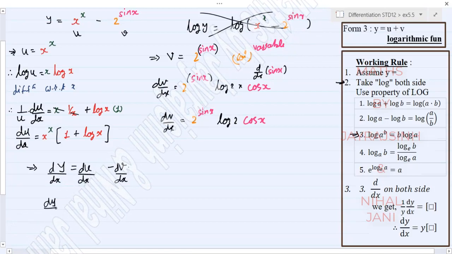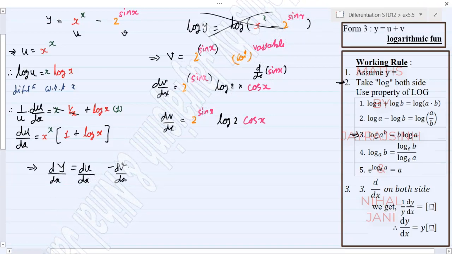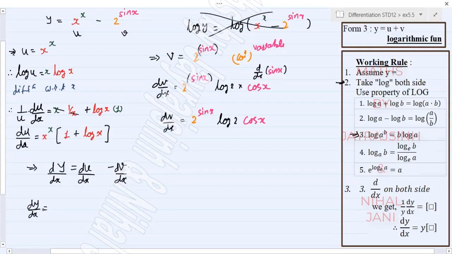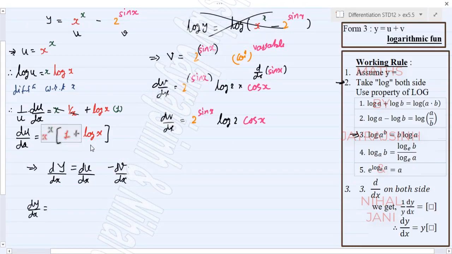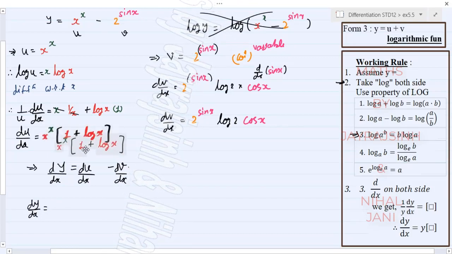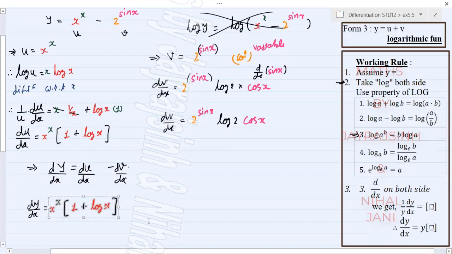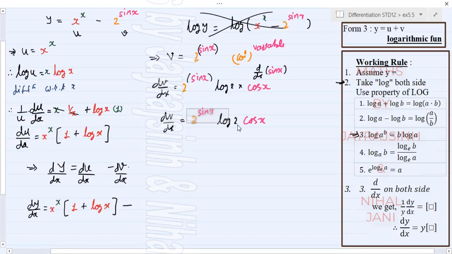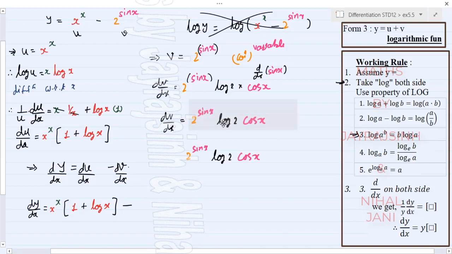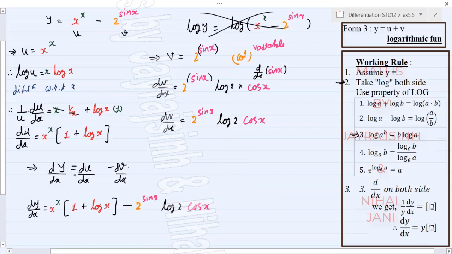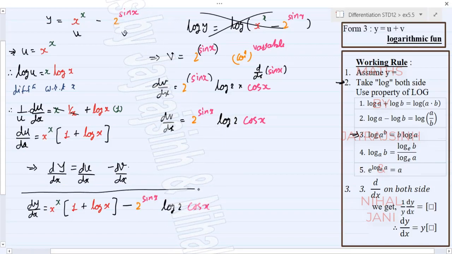So your dy by dx is combination of du by dx will come over here minus your dv by dx, put it over here. So tada, this is your final answer.